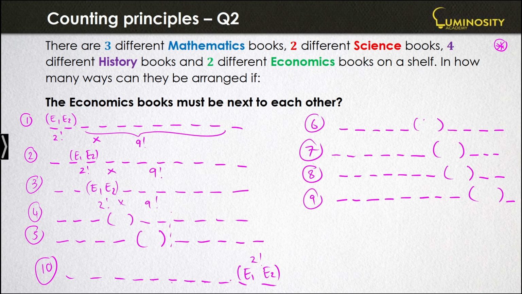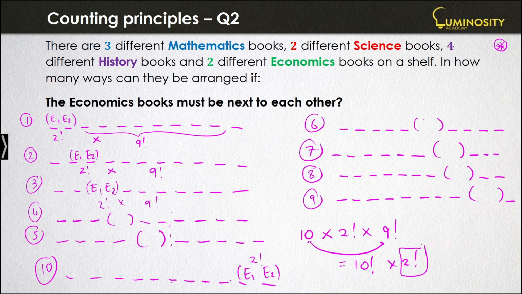So how many different possibilities? There are 10 possibilities times the 2 factorial in each way, right, for the economics books, times the other 9 spaces. But this 10 times 9 factorial is exactly 10 factorial times 2 factorial. So there's almost sort of like a general pattern we can spot.